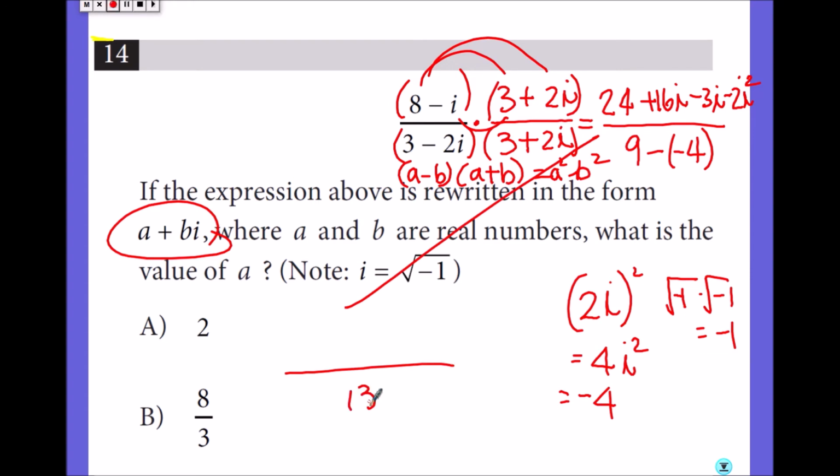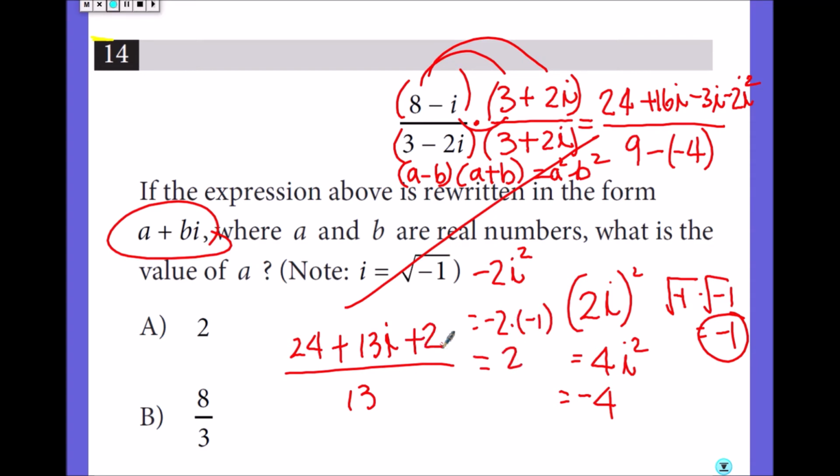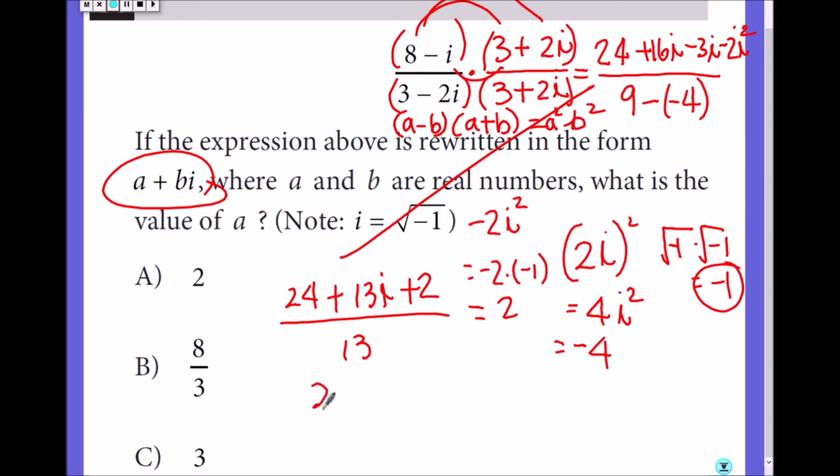Top, I get 24 plus 16i minus 3i is 13i. And negative 2i squared is negative 2 times i squared, remember, it is negative 1. So I get 2, so I'm adding 2. So I get 26 plus 13i over 13.